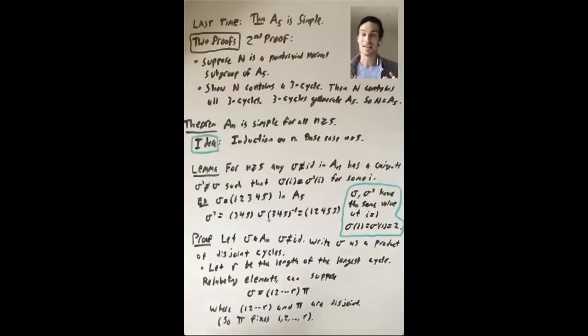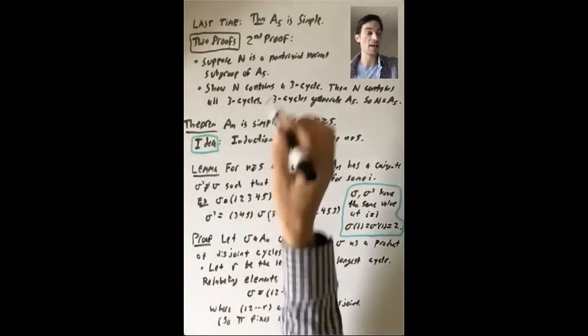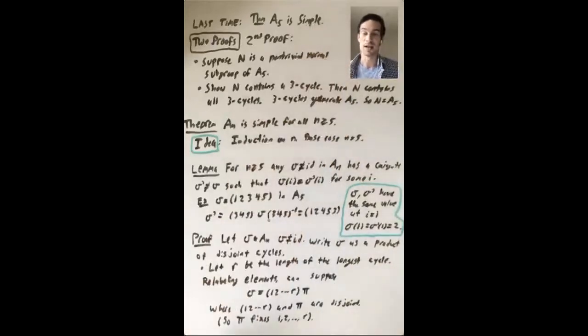The first thing that we'll do in this lecture builds on what we proved last time. In the last lecture, we proved that A5 is a simple group, that it has no non-trivial proper normal subgroups. We gave two proofs. The first one involved determining the conjugacy classes of A5 and noting that a normal subgroup is a union of conjugacy classes.